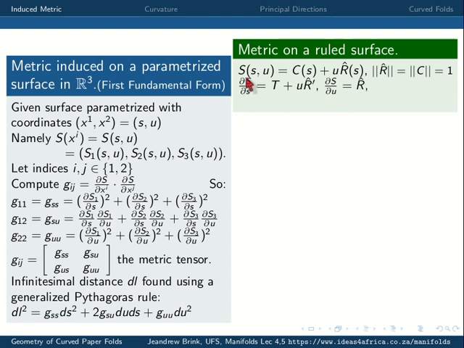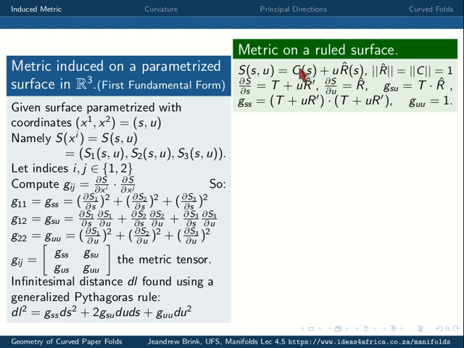So the derivative with respect to s is a vector that points in this direction, and the derivative with respect to u is a vector that points in the r hat direction. So our metric elements are g_su, which is simply t dotted with r hat, g_ss, which is that thing dotted with itself, and g_uu, which is just 1, right? Because we've assumed that the derivative with respect to u dotted with itself is 1.